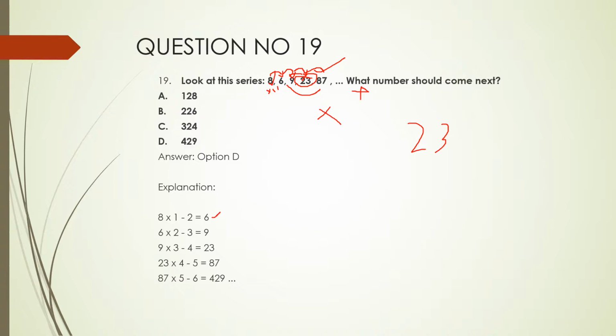Then again the next multiplier is 2, so multiply 6 into 2 minus 3, you will get 9. Next is 9 into 3 minus 4, you got 23. Next is 23 into 4 minus 5, so you got 87. And if you continue, next will be 87 into 5 minus 6, that will be 429. That's your answer.